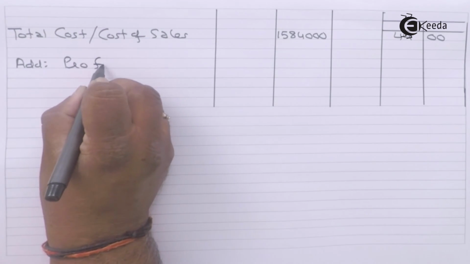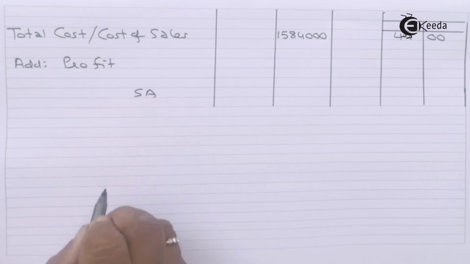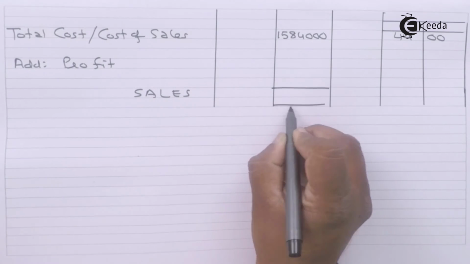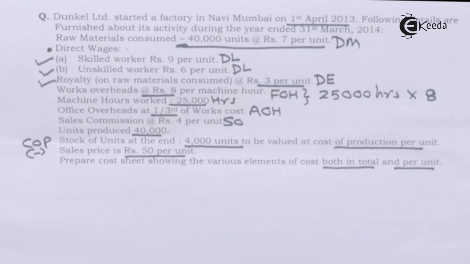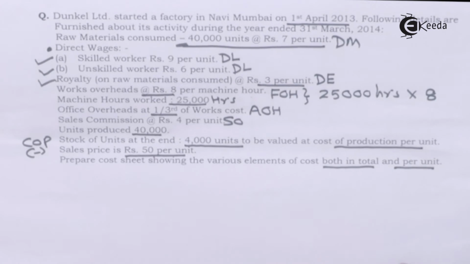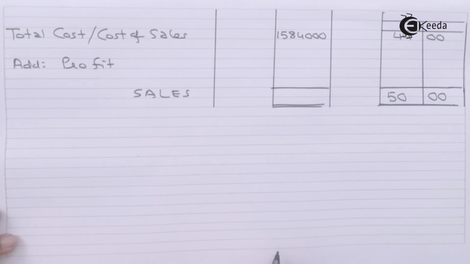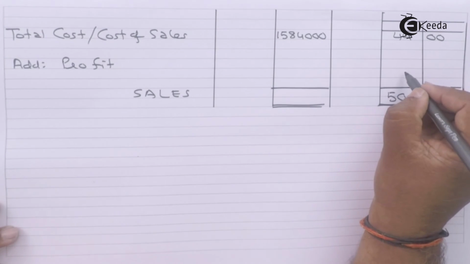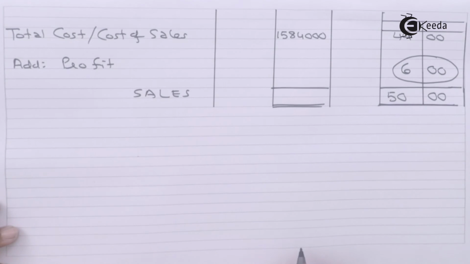To this we are required to add profit so that we can finally arrive at amount of sales. Sale price is given in the question rupees 50 per unit. We can find out balancing figure of profit per unit. 50 minus 44, it will be 6 rupees.